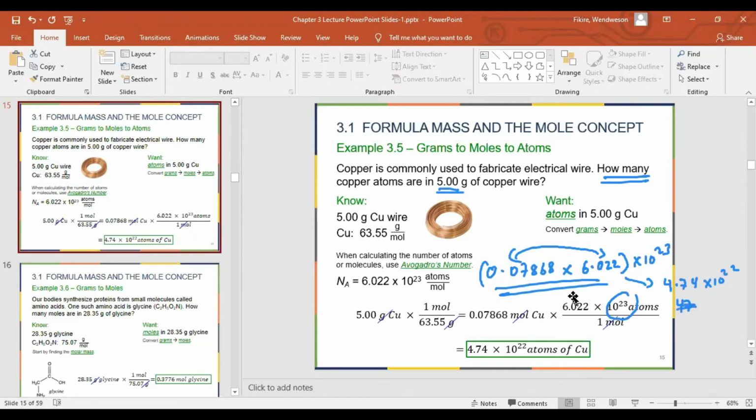So we get 4.74 times 10 to the power of 22, or, sorry, this might be 0.474 times 10 to the power of 23. I'm just guessing here. I can use my phone here.